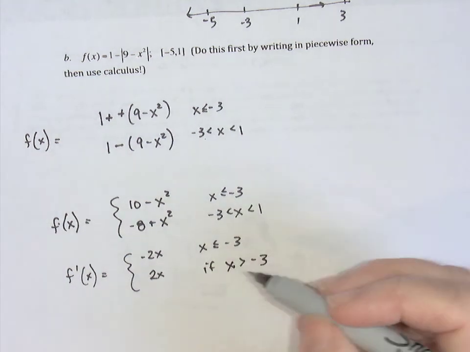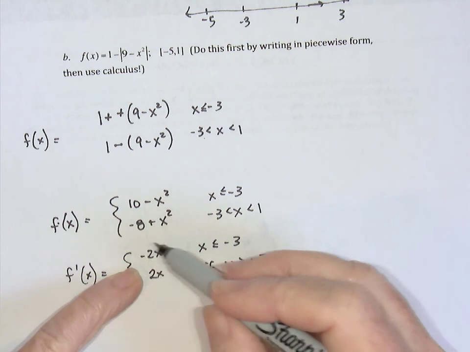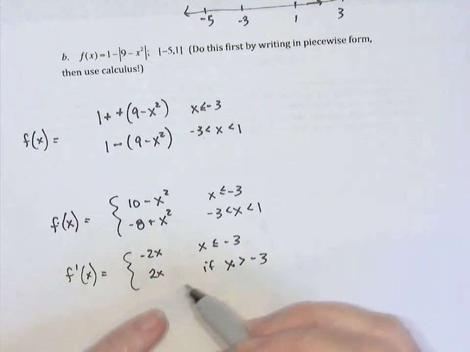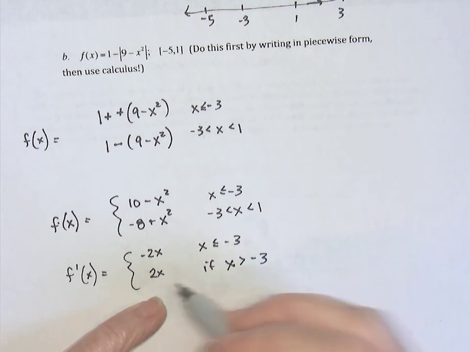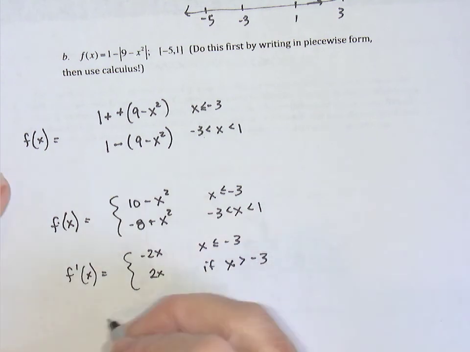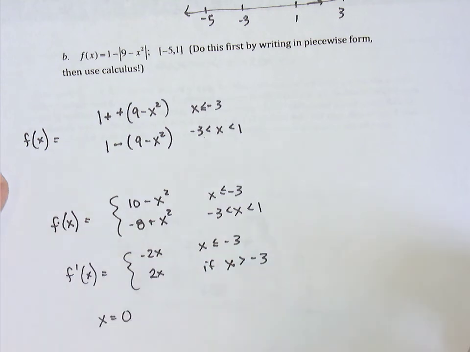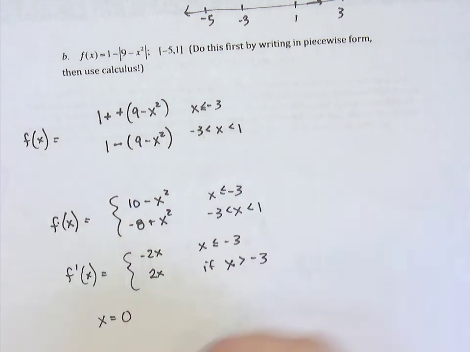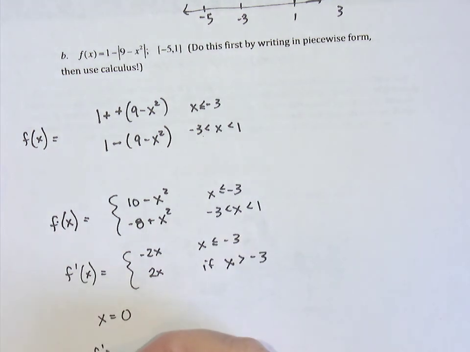If I set the first derivative equal to 0, that would give me x is equal to 0, which is not in this domain. If I set the second equal to 0, it would give me x is equal to 0, which is in this domain. So I'm going to have a critical value at x is equal to 0. And I also am observing that f prime of x is a piecewise function.